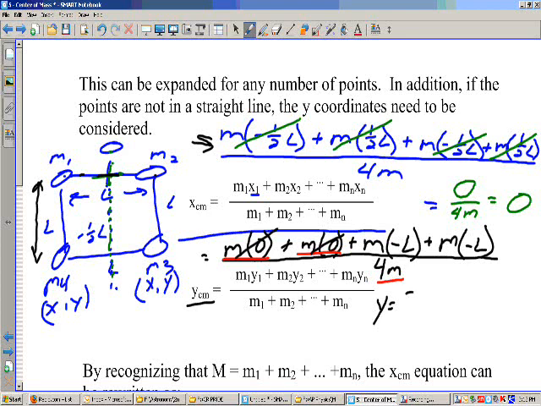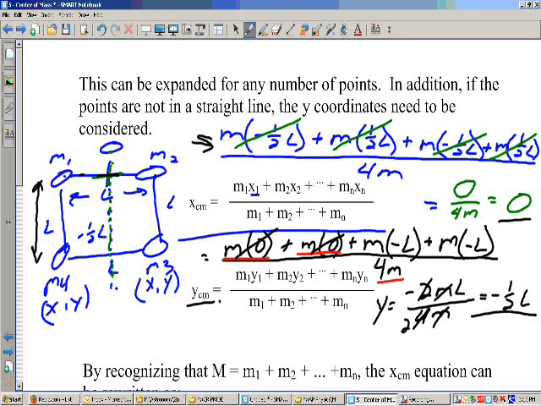This works out to be negative 2m times L over 4m. The m's cancel out. That's a 2. And this works out to be negative 1/2 L. And so my center of mass for this problem is at, here's my x coordinate, 0, and my y coordinate, negative 1/2 L.